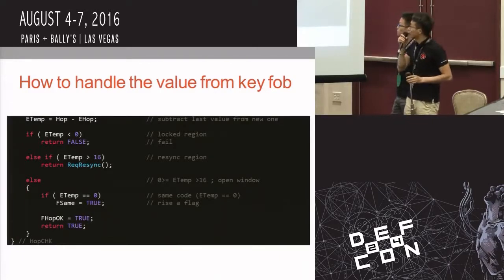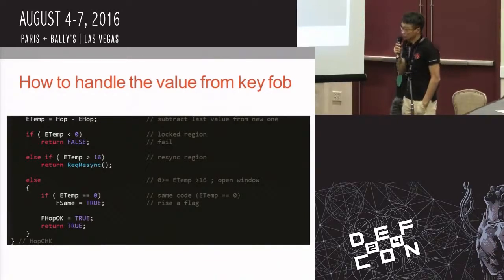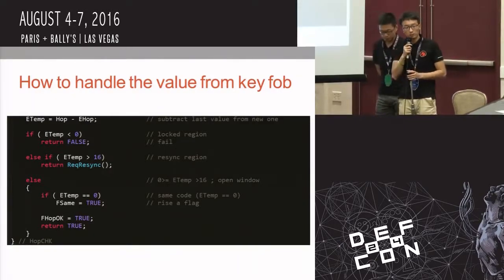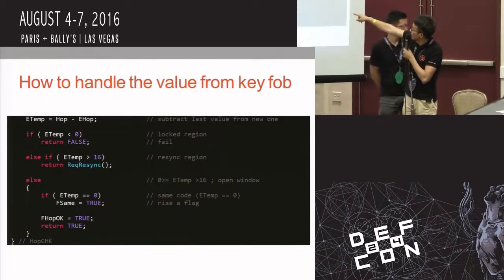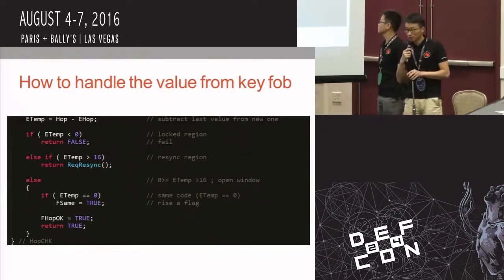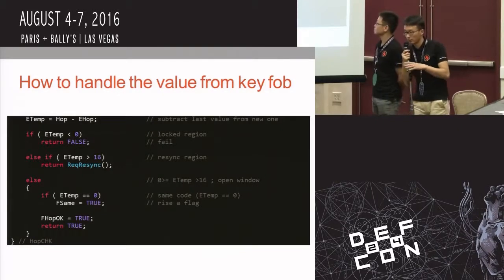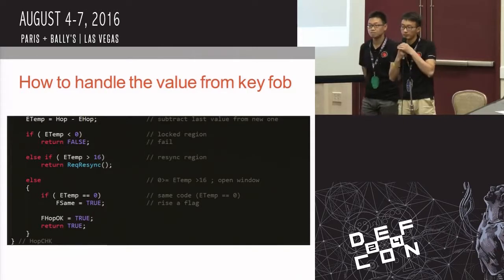So when it goes on to check if the eTemp is less than 0, this won't be true. So they will skip the if operation and go directly to the else section of the code. So we could use two continuous signals.